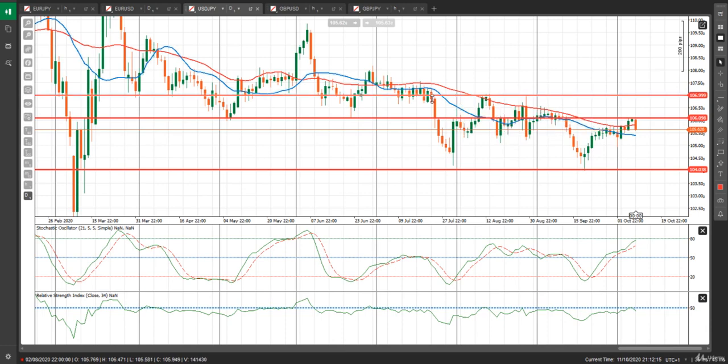Here we are. I finished retracing my support and resistance in daily time frame.